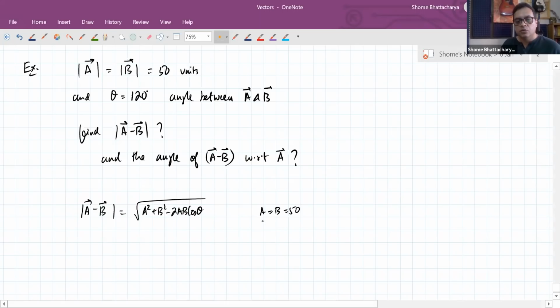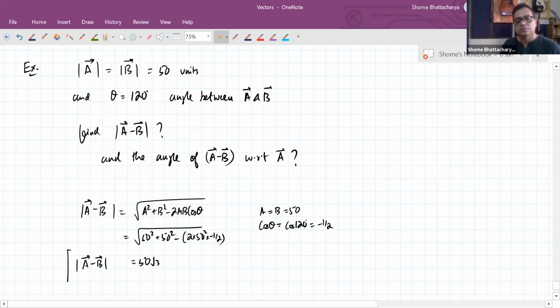We will substitute cos theta as cos 120, which will become minus half. So it will become 50 root 3. So that's our magnitude of A minus B.